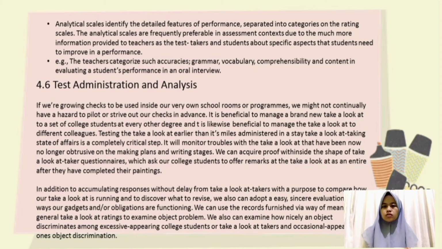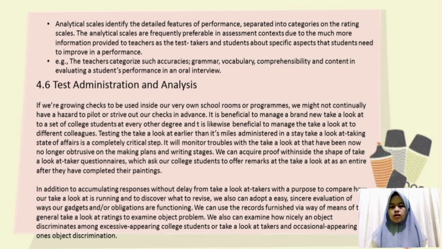For example, the teachers categorize such things as accuracy, grammar, vocabulary, comprehensibility, and content in evaluating a student's performance in an oral interview. And the next is task administration and analysis.